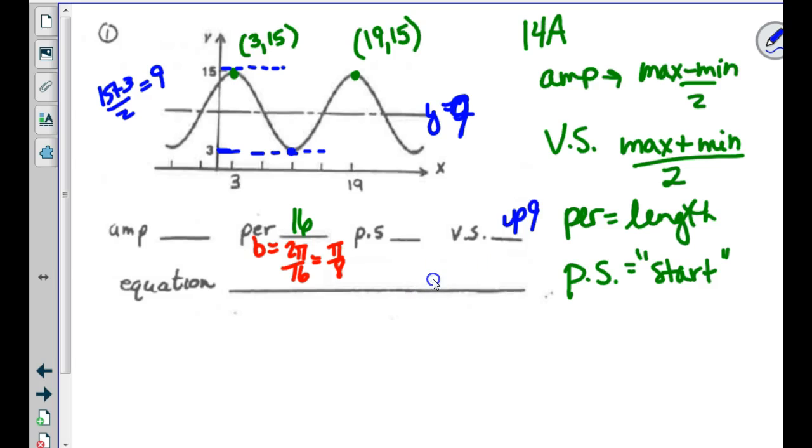Okay. Now, once we know that, then the amplitude is just how far above that and below that did it go. Yeah, that's the 6. Okay. If this is 9, it went 6 above and 6 below, and make sure those are the same. You could have done 15 minus 3 is 12 divided by 2.